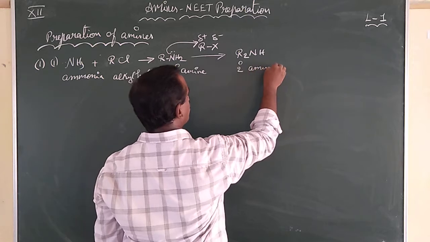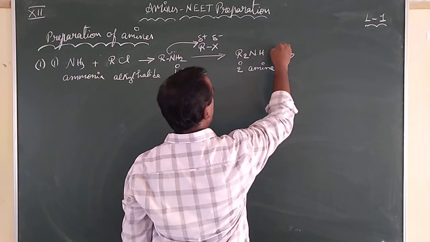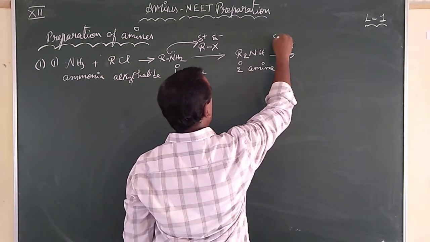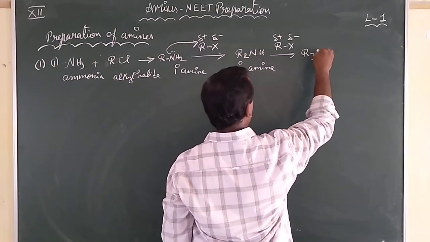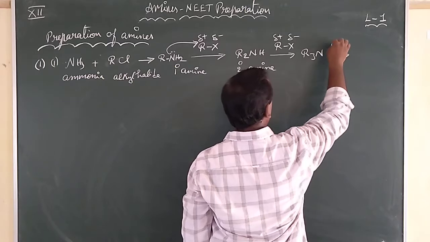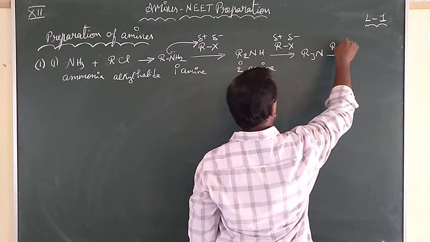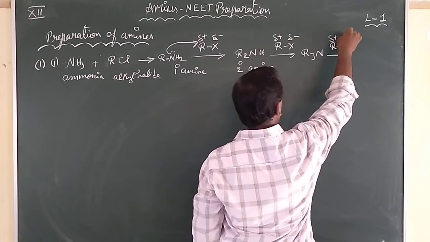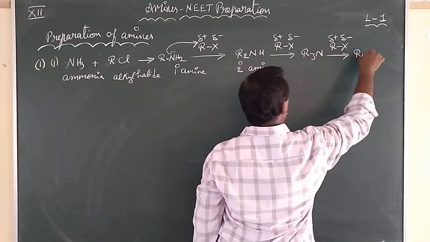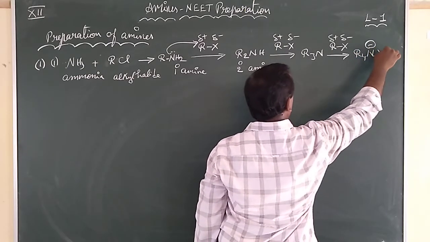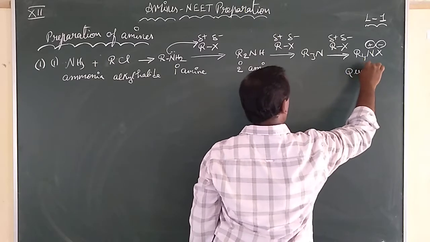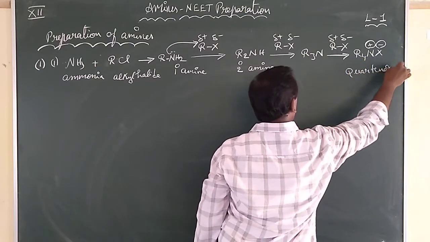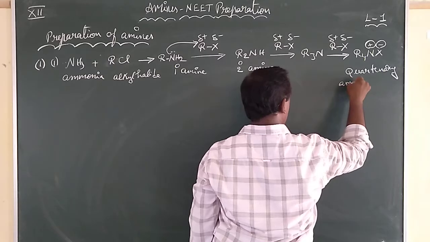Whereas one more step, if you continue, means if you react with one more molecule of alkyl halide, you can get the tertiary amine. Tertiary amine, once you further react with one more molecule of alkyl halide, will give the quaternary ammonium salt.